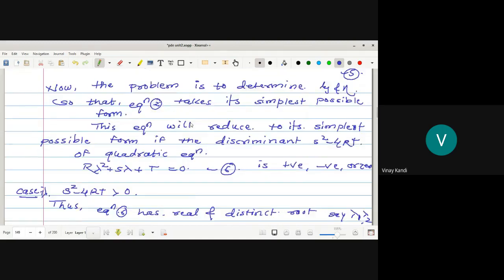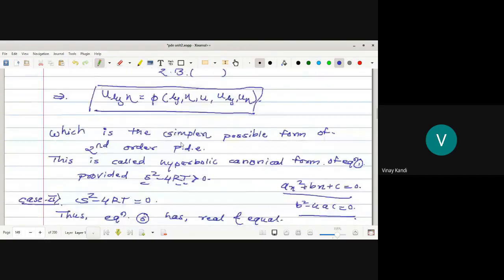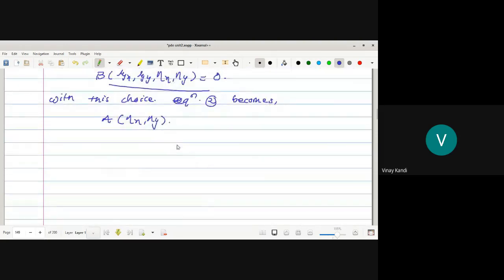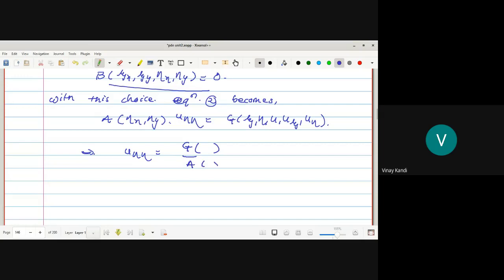Okay, so A is the function of eta x, eta y into u eta eta is equal to g is the function of xi eta u u xi and u eta. That implies u eta eta is equal to g upon A, where g is the function of this one and A is the function of this one.